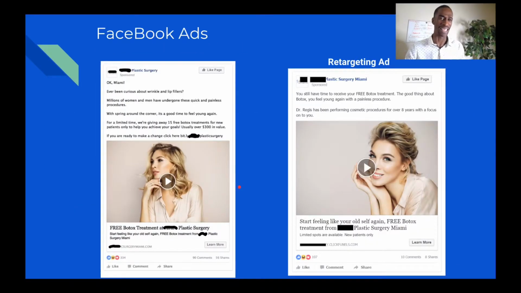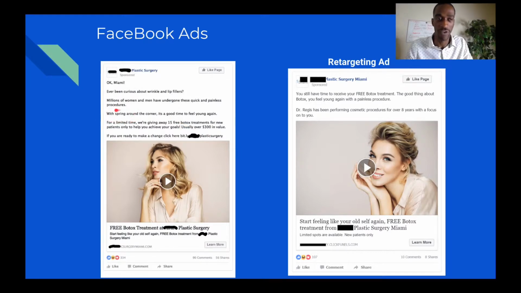Now here's the ads. The good thing about these ads is it's about the hook. Okay, in Miami, ever been curious about wrinkle and lip fillers? Pain points, as you know, letting them know you know who they are, and you're targeting them directly about how you can solve their situation or make it better, what they're looking to do with their life. And this ad is going to show you that, both of them.